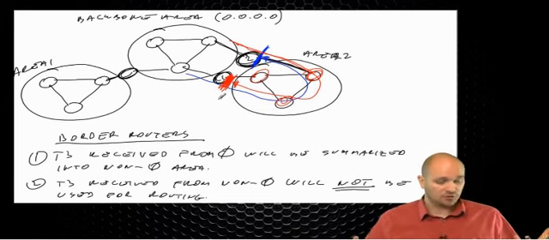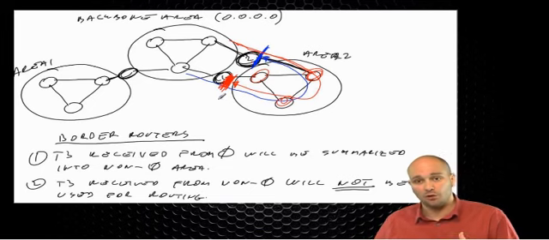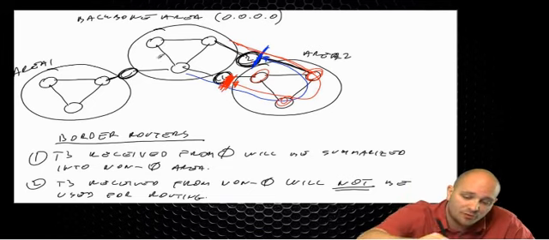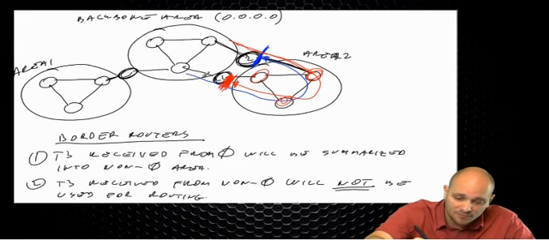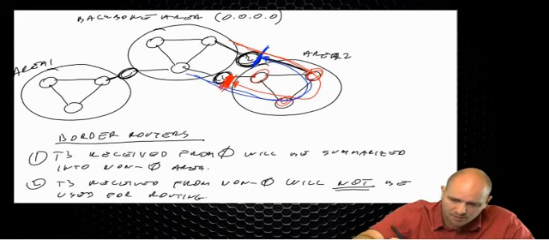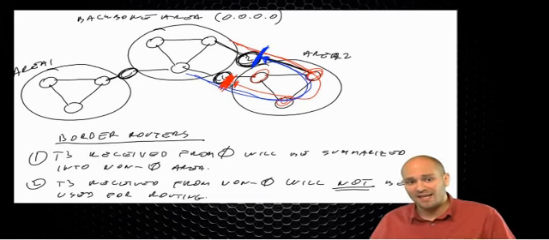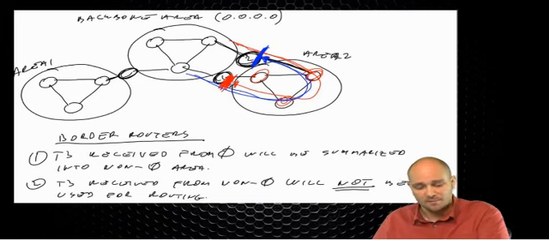Why? Because if it's not in a routing table, there will be no calculated cost for it. If there is no calculated cost for it, that means that this route will never leave this area. Same thing happens with this information here. So this is the split horizon rule that OSPF implements and prevents loops in a multi-area environment.